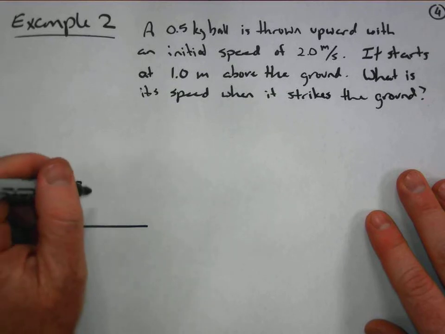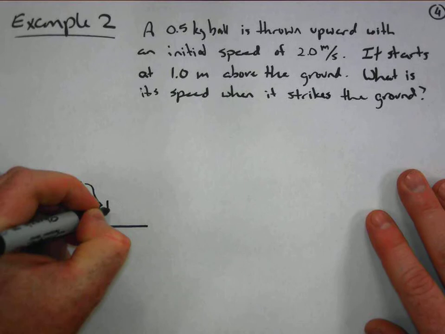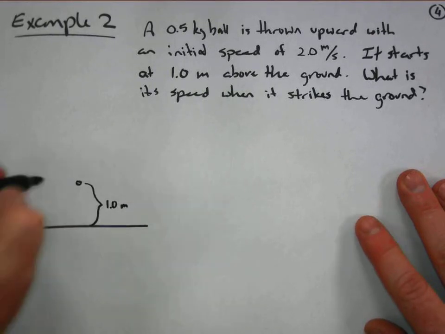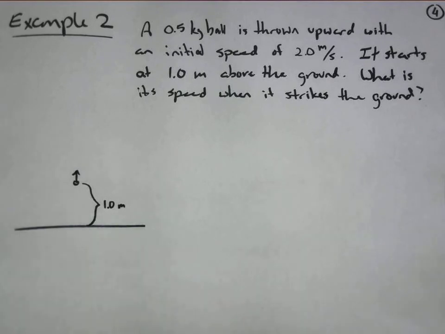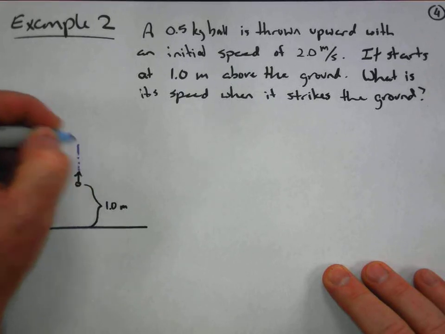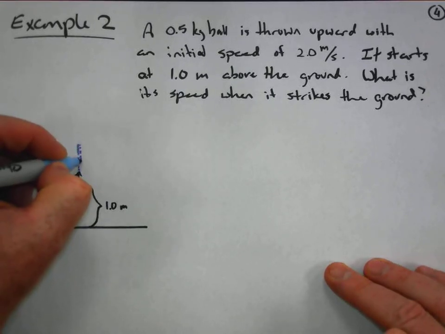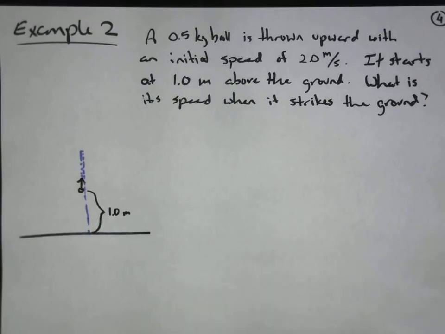And so I can just kind of see, there is 1 meter. And it's going to start with an initial upward velocity. And essentially, it's going to go up, up, up, and then stop and turn around, come back down. Gravity's pulling down. It's going to fall. Boom. Okay. So just like before, right? Just like before.